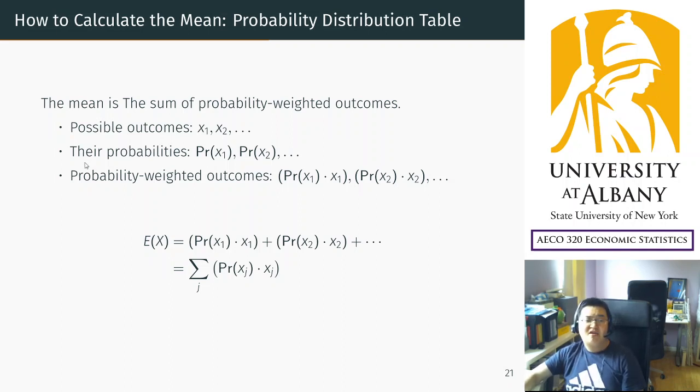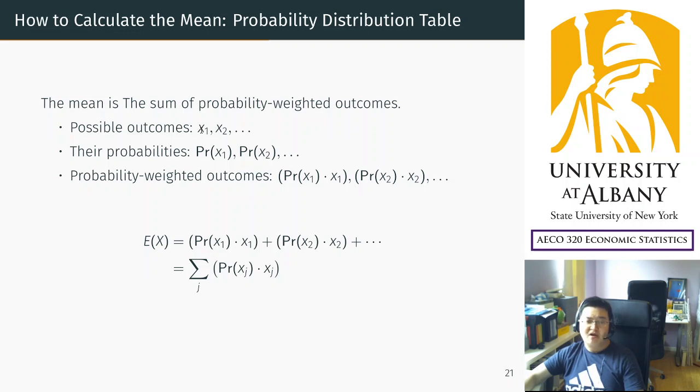And you have to find their probabilities. Probabilities must be given from the probability distribution table, so they are known. The probability for the first outcome is the probability of lowercase x1, the probability of lowercase x2. Then probability weighted outcomes are simply multiplication.